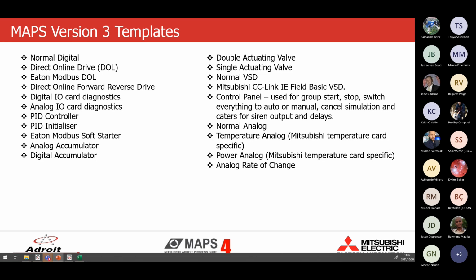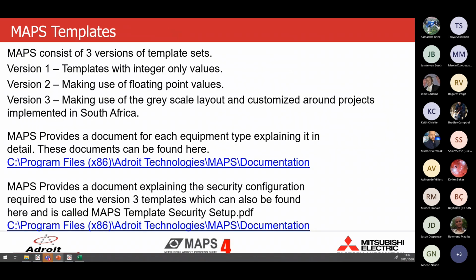So with that in mind, before I start with the little video that I've created, with my project that I've created, just to distinguish between version 1, version 2, and version 3 templates. So version 1 was templates initially developed, but we didn't use floating points, for example.